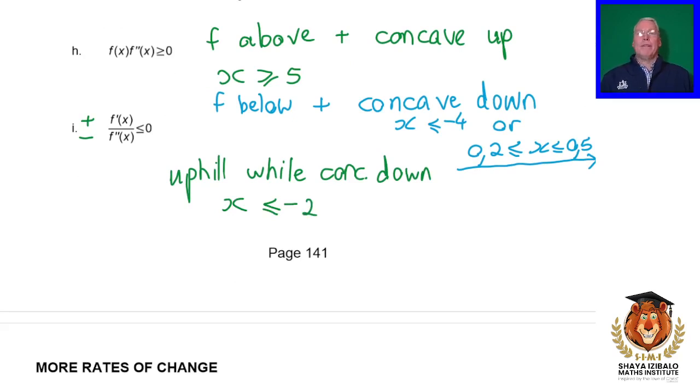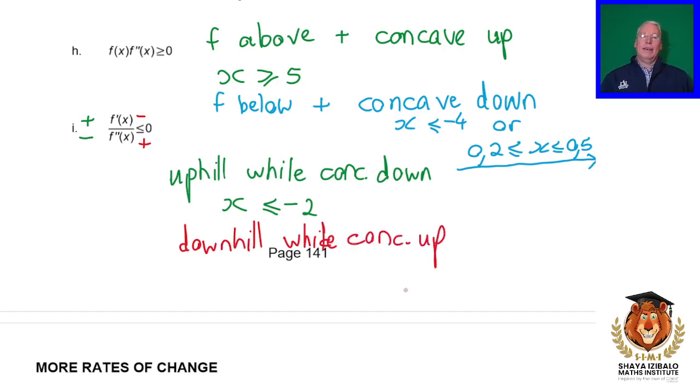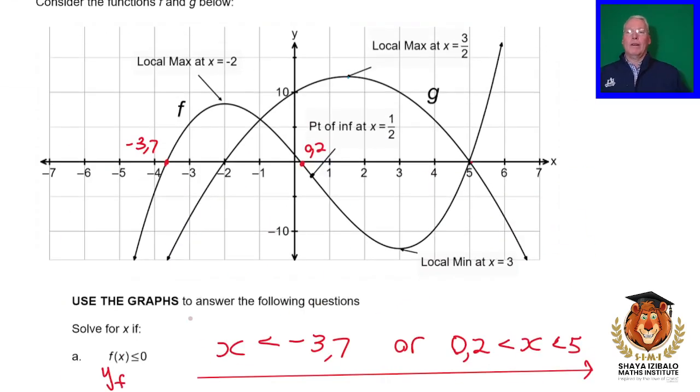Right, but the other possibility is for this one to be negative and this one to be positive. And that would be going downhill while concave up. Okay, so like a cup, but going downhill. Let's have a look. We're talking about f. Like a cup, it goes downhill.